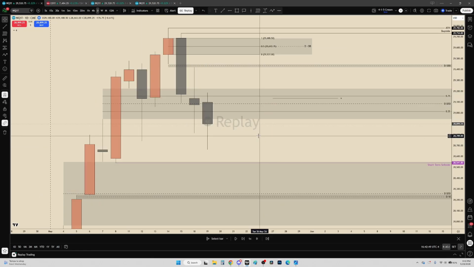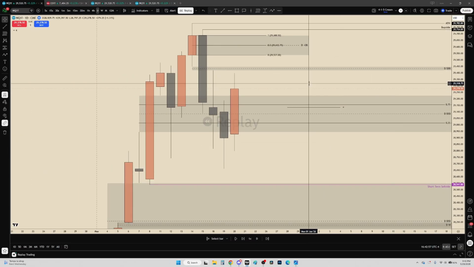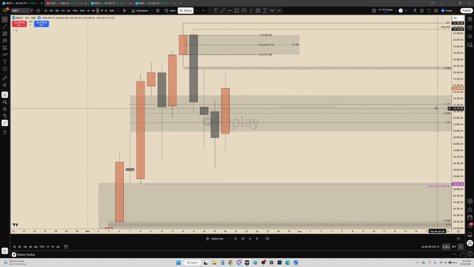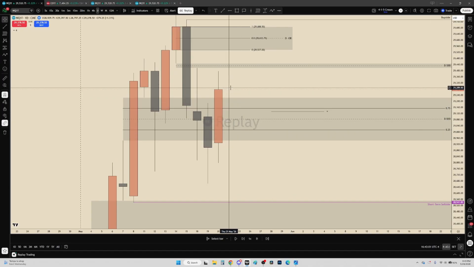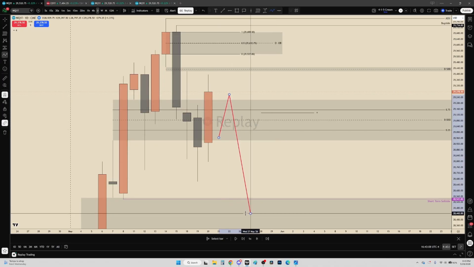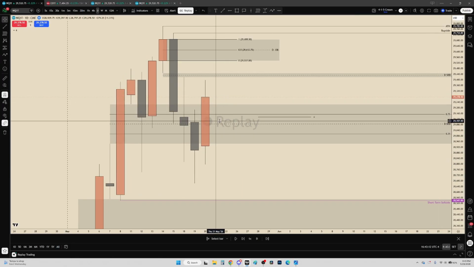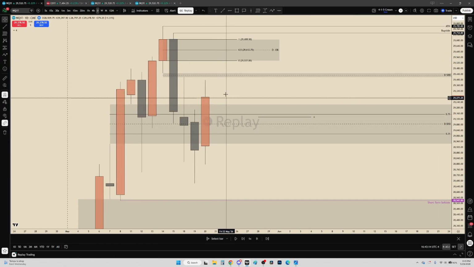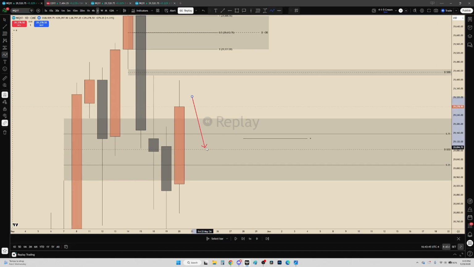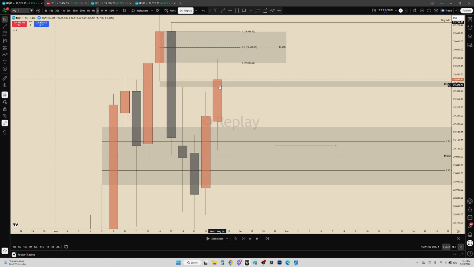However, if we push the time forward and we look at how the daily chart played out, we can see that we have a close here above this daily buy side imbalance, sell side inefficiency. Now, because we didn't wick up and then come back down, my attention is on us basically heading back up. I'm looking for the next candle to manipulate down, and then we go up. On the next day, on Thursday, that's actually what happened here.